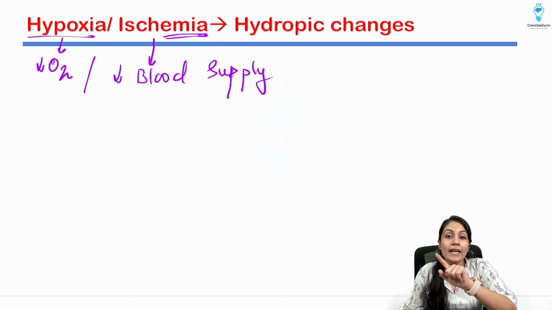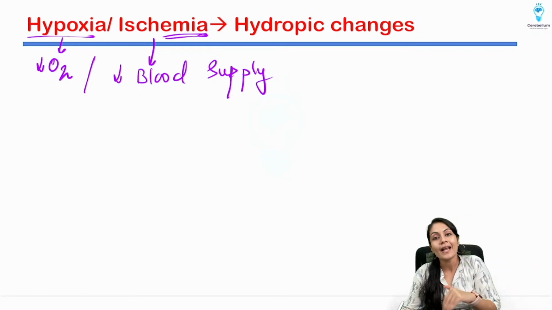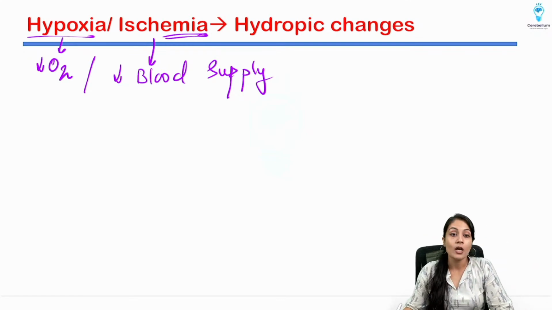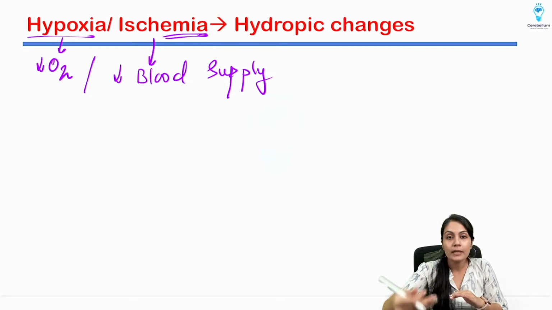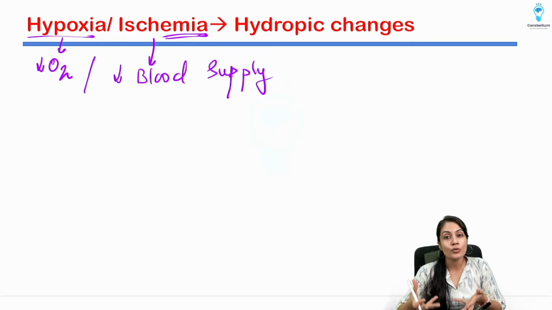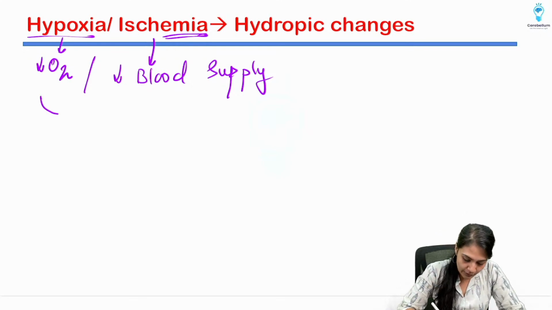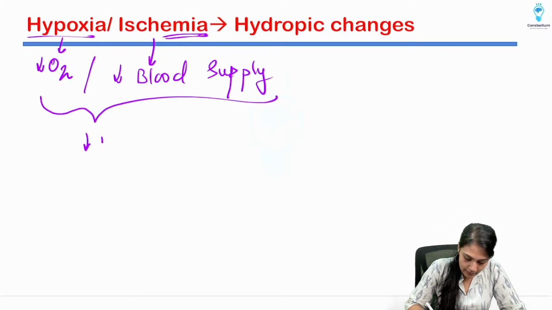The production of ATP is going to reduce, because in aerobic metabolism, we tend to produce more ATP as compared to anaerobic metabolism, isn't it? So even if you decrease the oxygen, or the blood supply is decreased, both of them will lead to a decrease in the ATP supply.